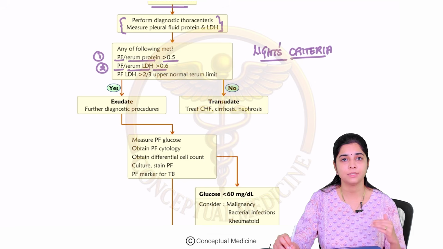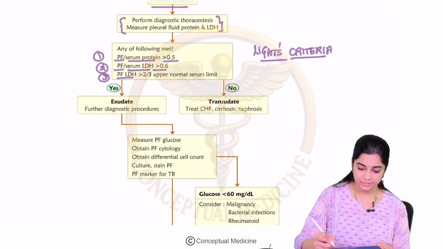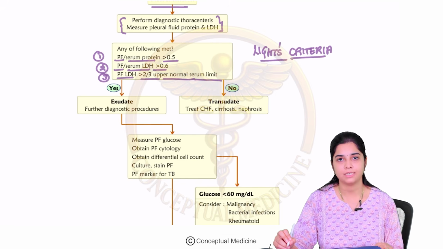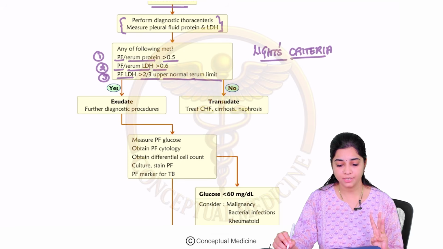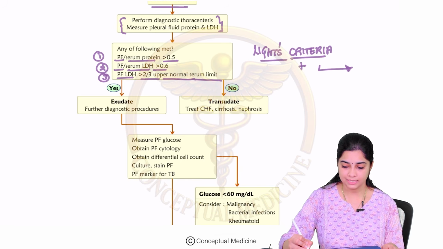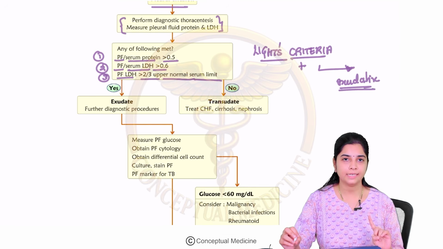Pleural fluid to serum LDH ratio more than 0.6. And pleural fluid LDH more than 2/3 the upper limit of normal of the serum LDH. So these are the 3 points. If even one of them is present, then it is Light's criteria positive, and this means that the effusion is exudative in nature.